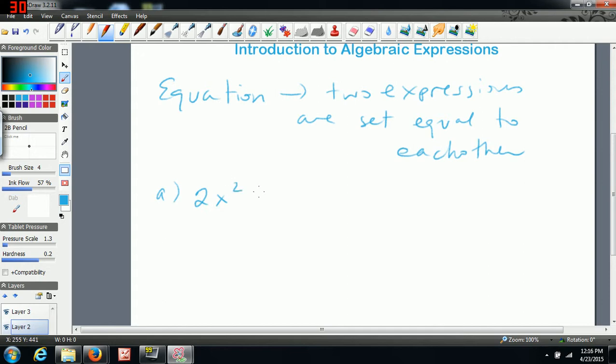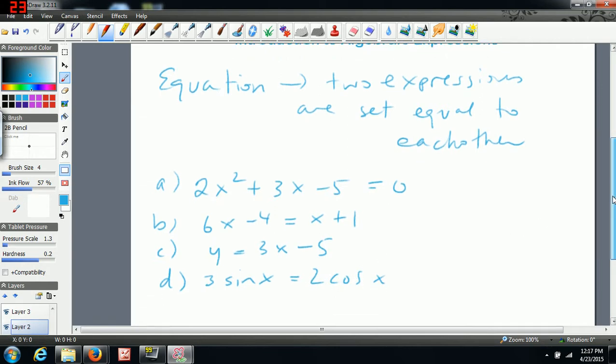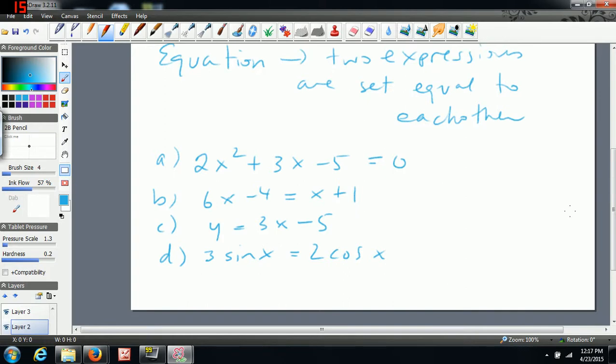You could have 2x squared plus 3x minus 5 equals 0, or 6x minus 4 equals x plus 1, or y equals 3x minus 5, or 3 sine x equals 2 cos x. These are all equations. So when you have two expressions set equal to each other, you have an equation.